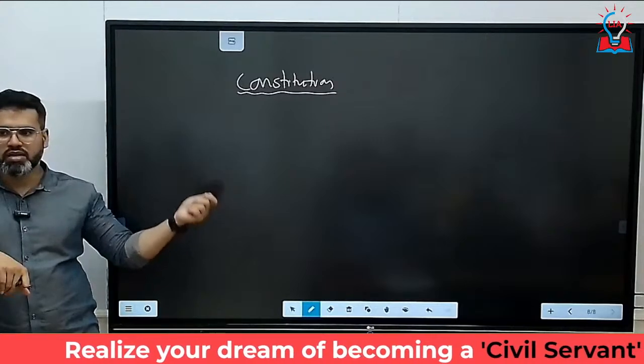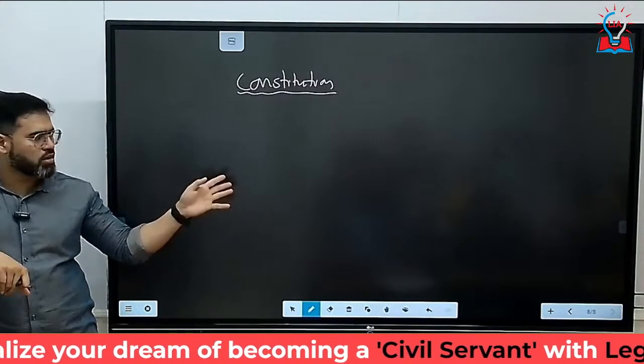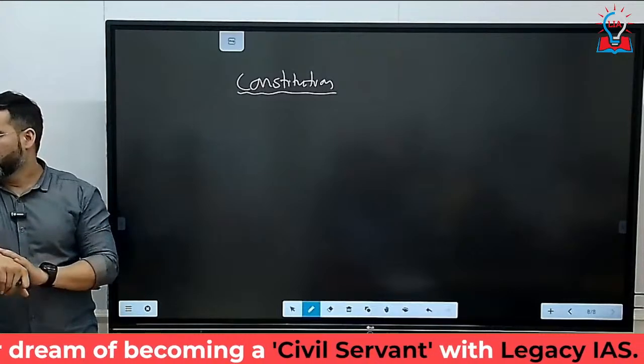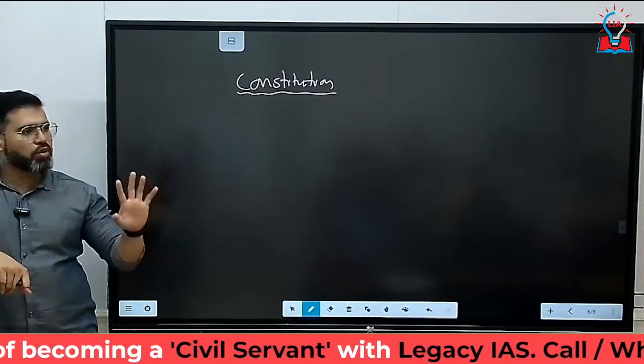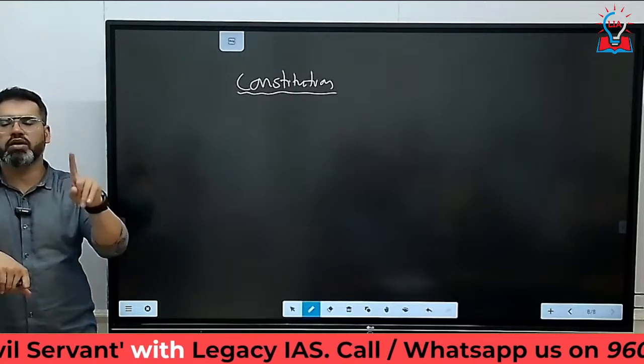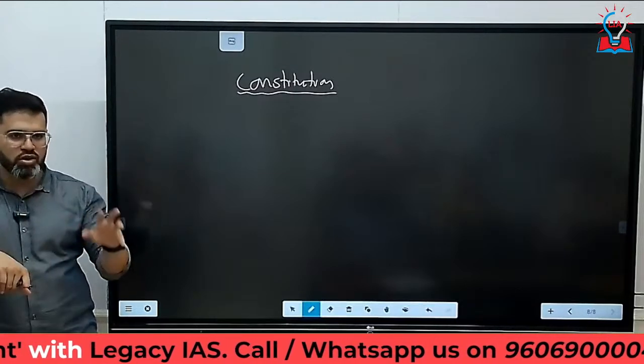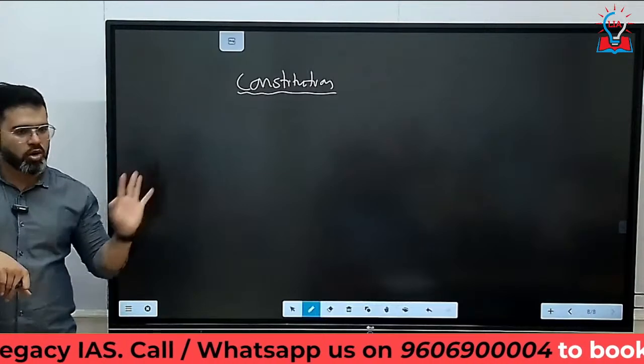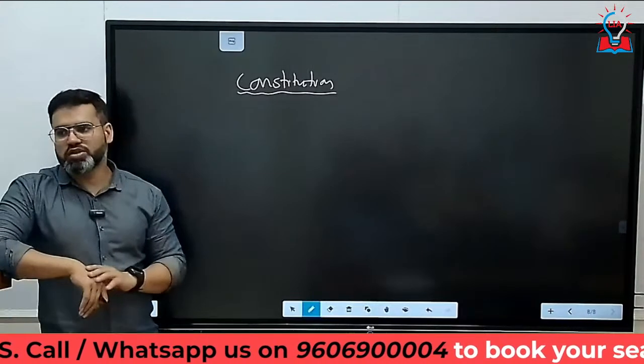Done. Vidhan Sabha and Lok Sabha difference you are already aware of. Okay, unitary form of government, any problem? Unitary form of government means only one level of government is there for the entire country, that is known as unitary form of government. Now coming to the constitution.